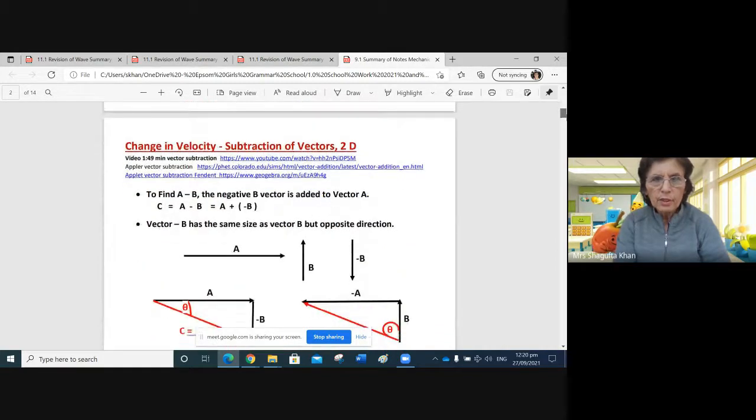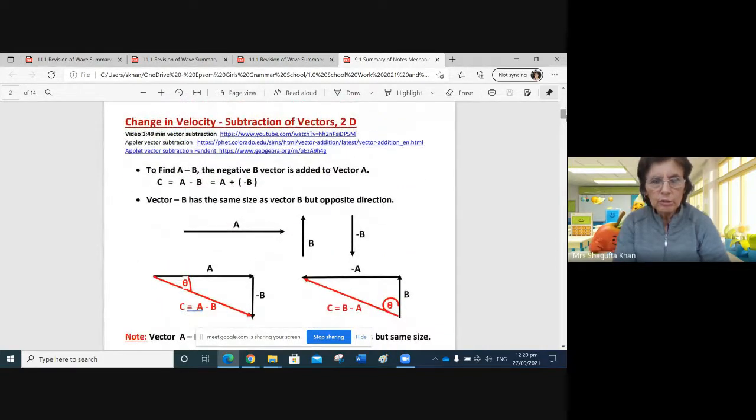Subtraction is when we want to find the change in velocity. For example, an object might be moving with a certain velocity in that direction, and then it makes a right-hand turn like that. If that's the initial velocity and that's the final velocity, you will be asked to find the change in velocity.